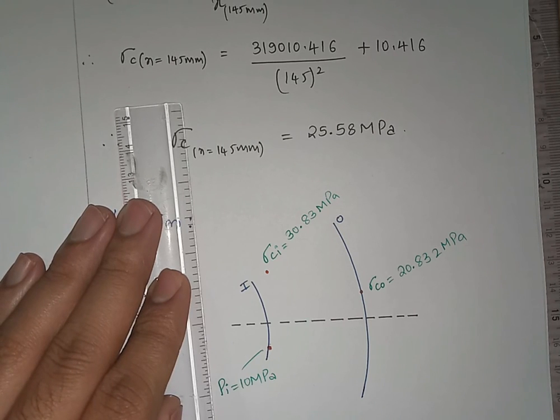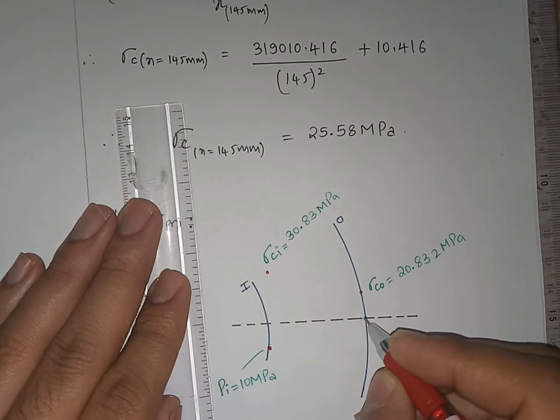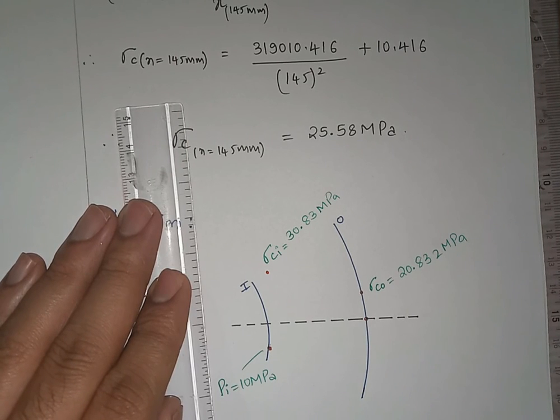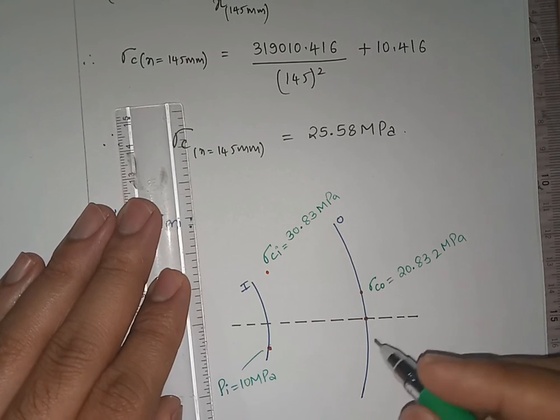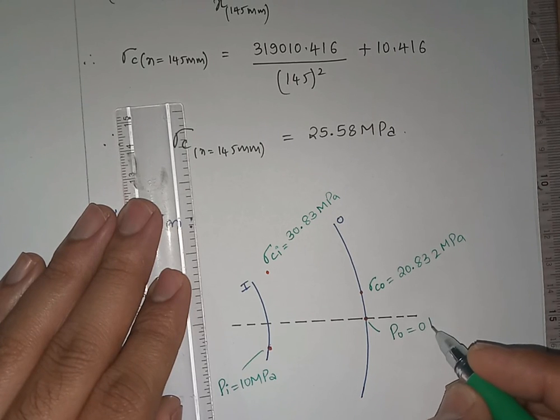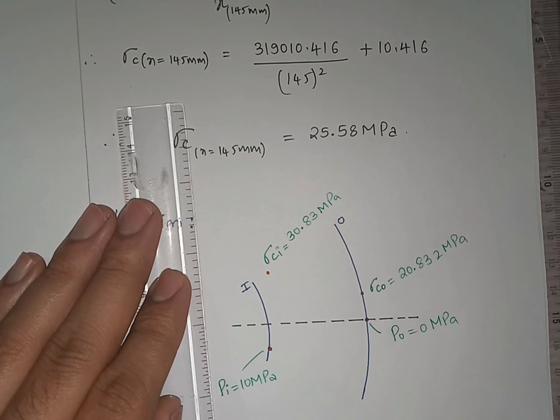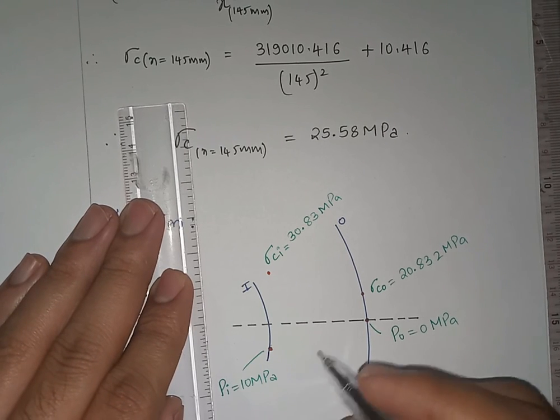P naught is not given in the problem, so I need to take it as 0. Exactly on the reference line, I'll take it as 0. So this point is P naught equal to 0 MPa. Then you need to join these.